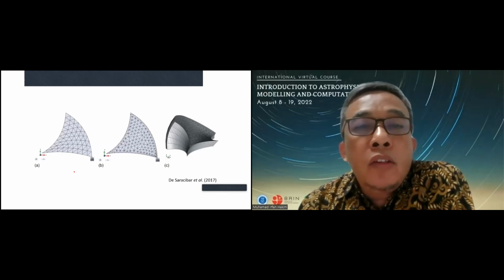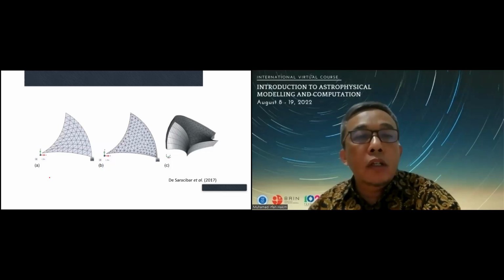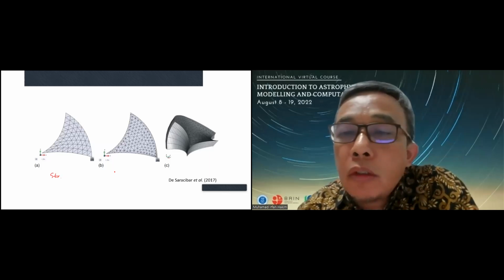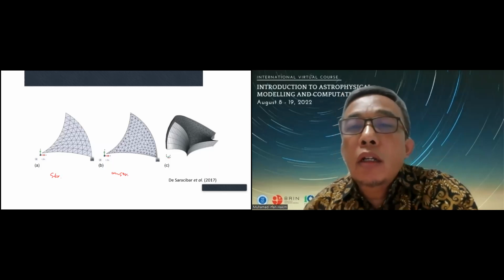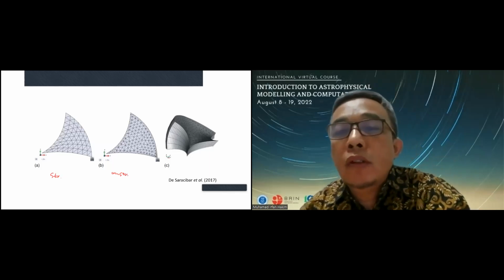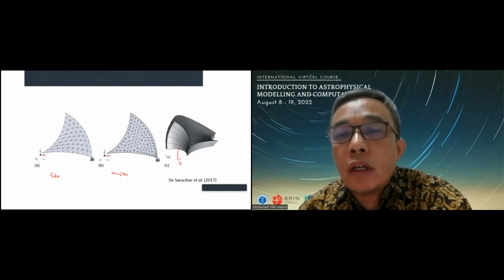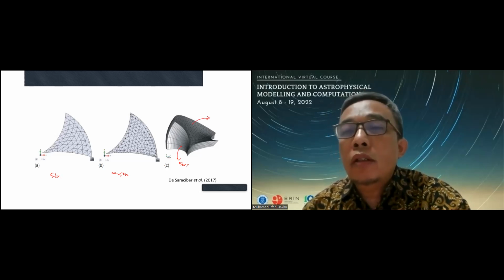And this is the last example. We know that figure A is structured, but figure B is unstructured, and for figure C, this side is structured, but this face is unstructured.